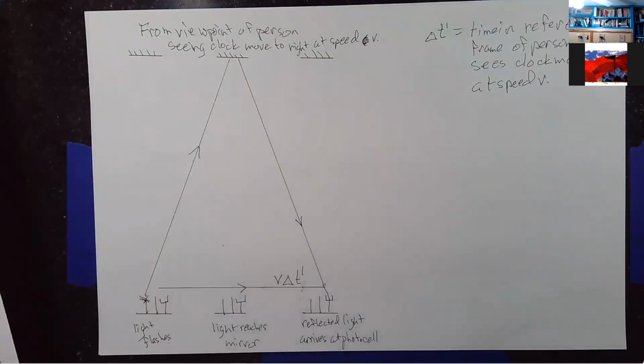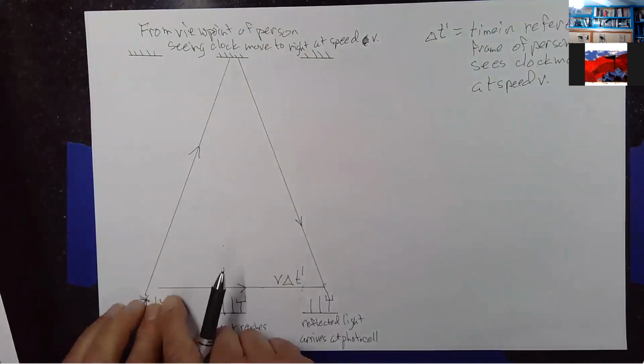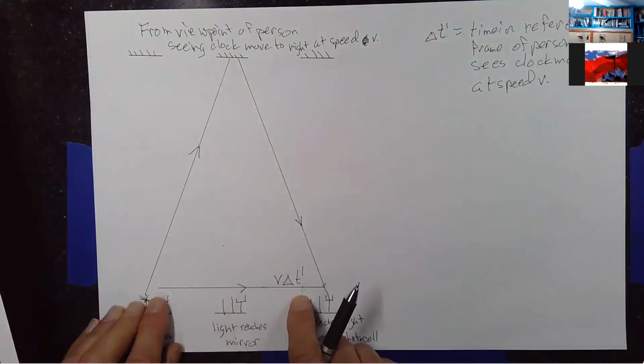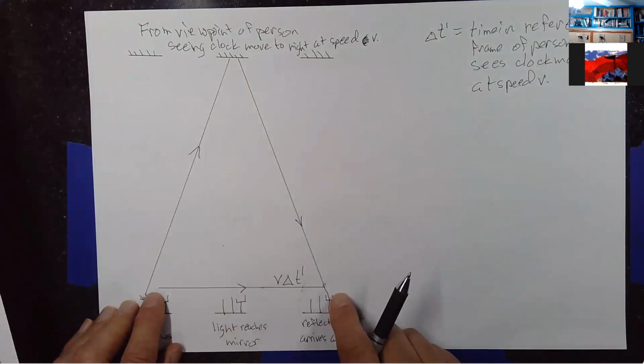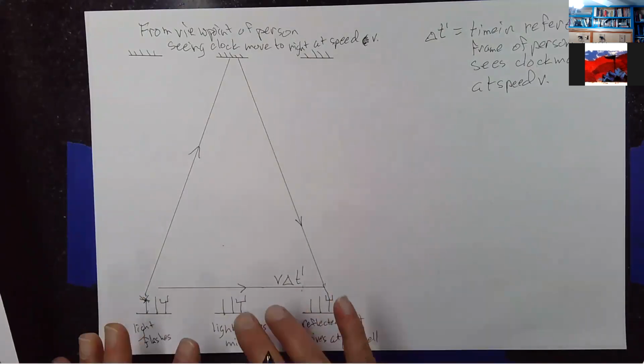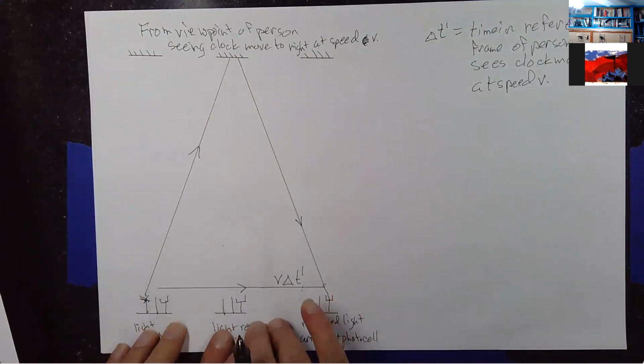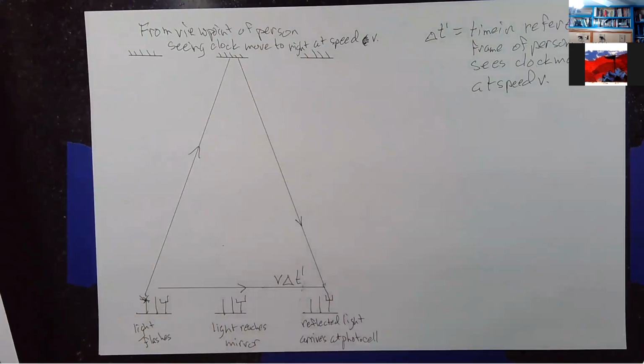And so they'll both think that, yes, the clock is moving by at the speed v. The person who's in the reference frame of the clock will say, yes, I see you moving by me at speed v. And so they'll agree on that speed v, get the same number for it.